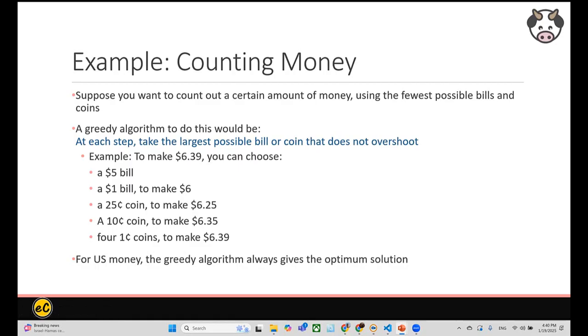If you use the most number of $5 bills, then the most number of $1 bills, and then the most number of 25-cent quarter coins, this is a greedy algorithm. You can figure out the minimum number of coins or bills you can pay with. This is one example of the greedy algorithm.